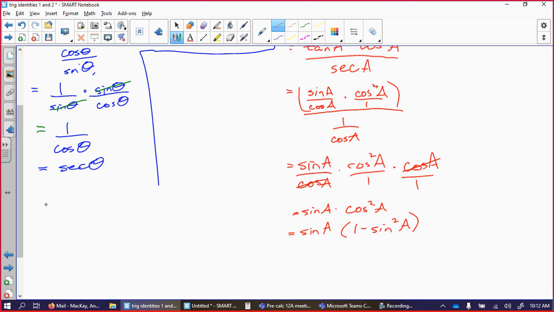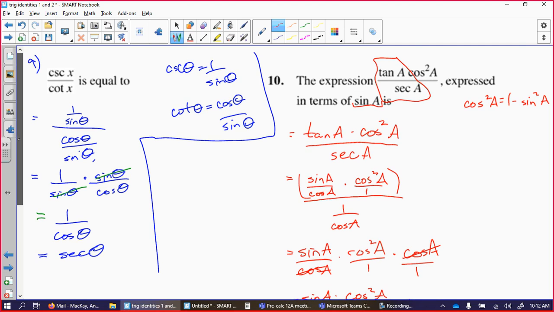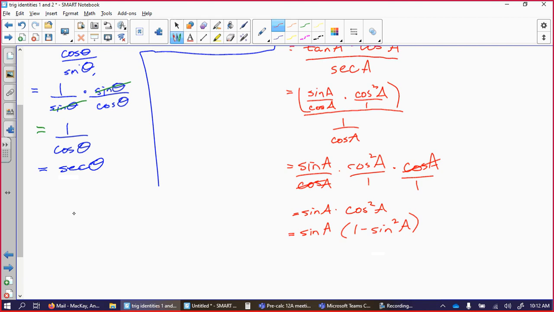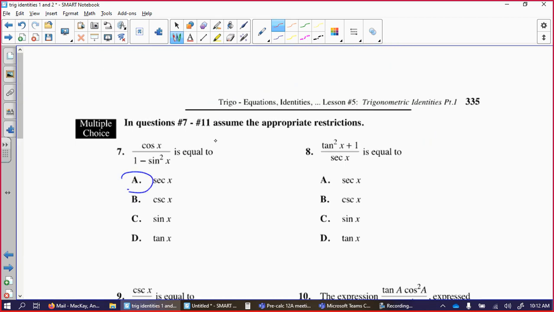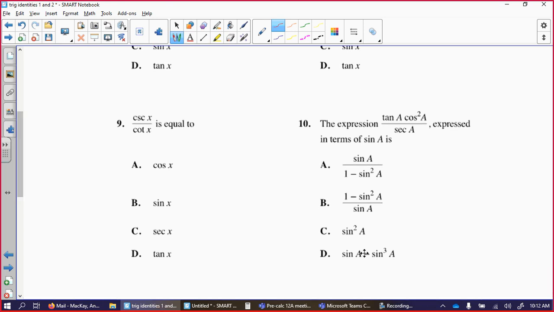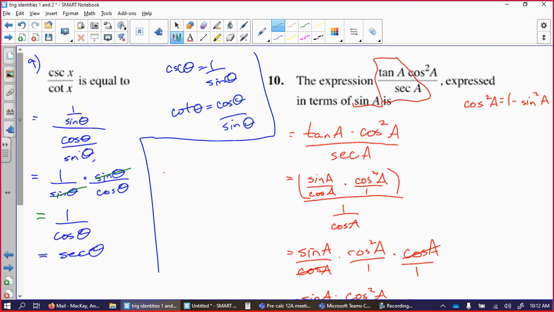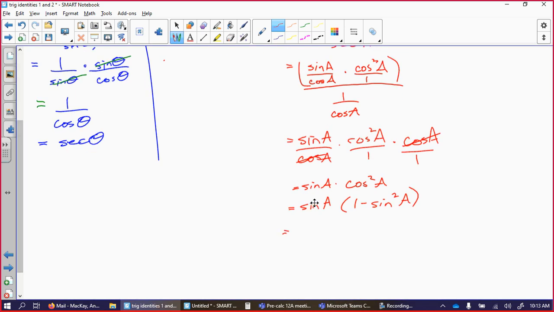Tan over secant, tan is sine over cos, cos squared, in terms of that. What are our choices? Is that one of our choices? And there it is. Whoa, I don't want to do that. If I expand that, sine times 1, sine of A, sine times sine squared, and sine cubed of A.